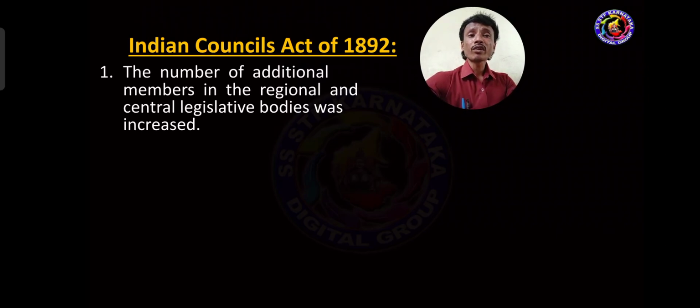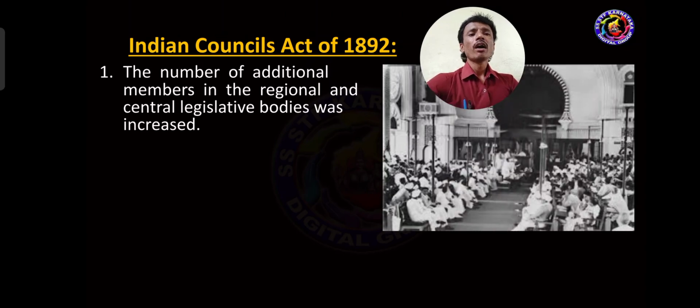But after the Indian Councils Act of 1892, this increased. So Indians were also nominated to legislative councils and legislative bodies, and this kept increasing. So Indians were also getting involved in politics.